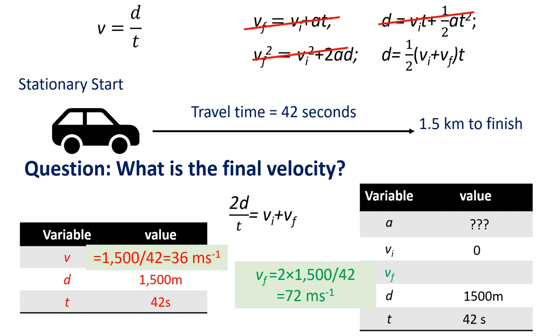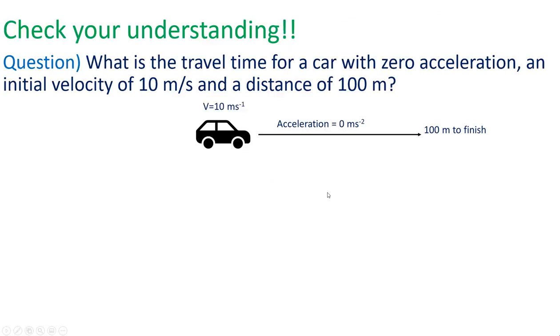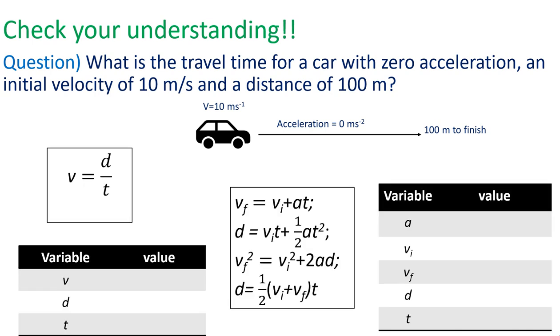At any rate, now is the chance for you to practice and see if you can answer the questions using the format provided before. So time to check your understanding. The question is, what is the travel time for a car with zero acceleration, an initial velocity of 10 meters per second, and a distance of 100 meters?